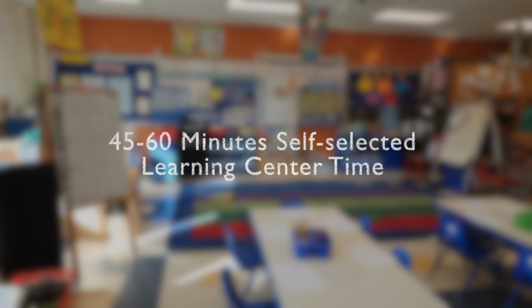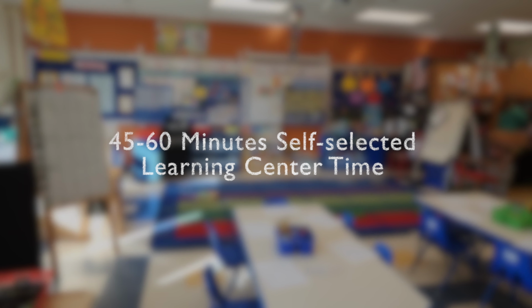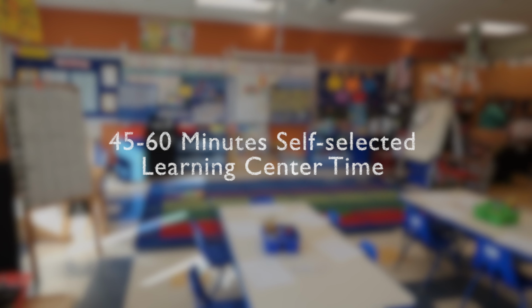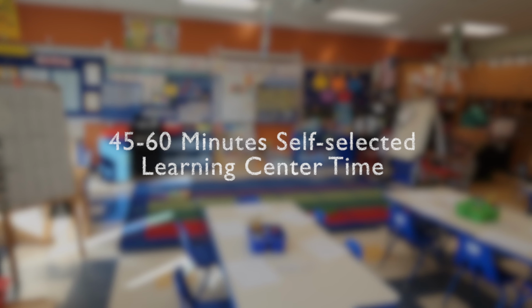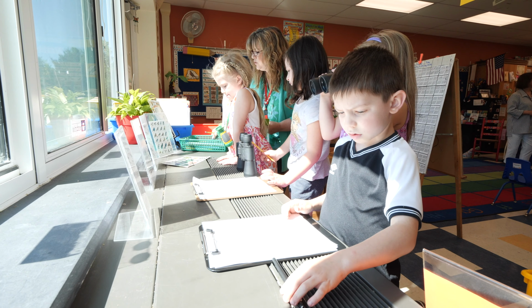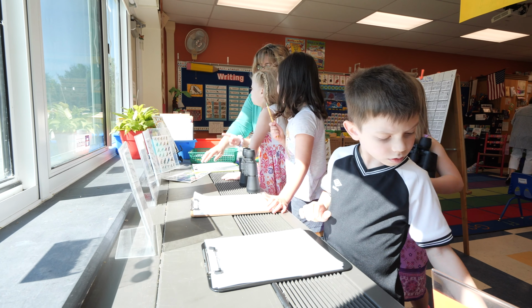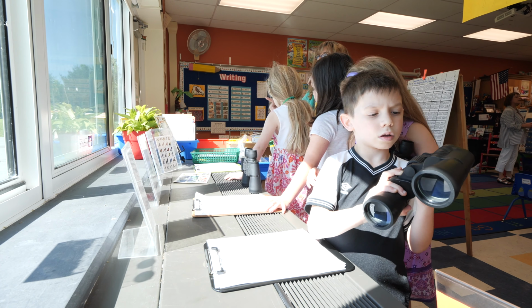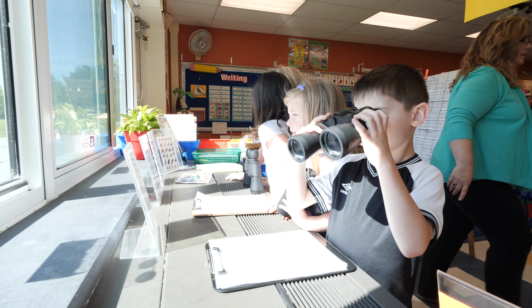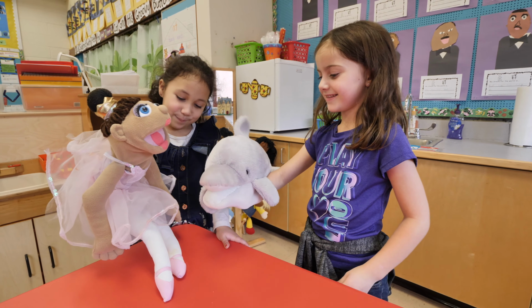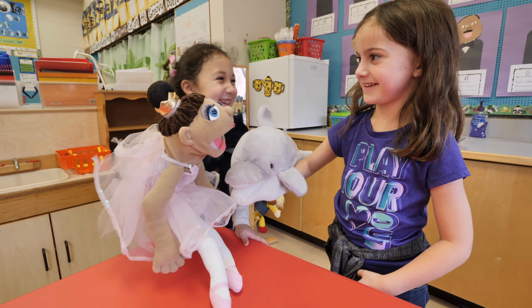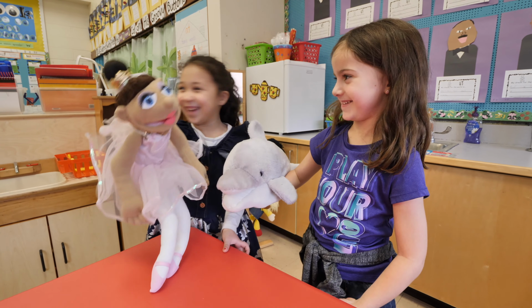Daily schedule. The structure of the day in kindergarten should include 45 to 60 minutes for students to self-select learning centers. Learning center time should not be a reward at the end of the day, rather a fully integrated and connected support to the curriculum. The daily schedule should allow students to be actively engaged in small and large group hands-on activities.